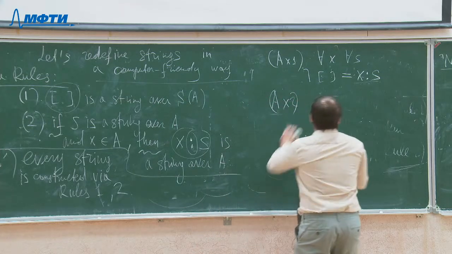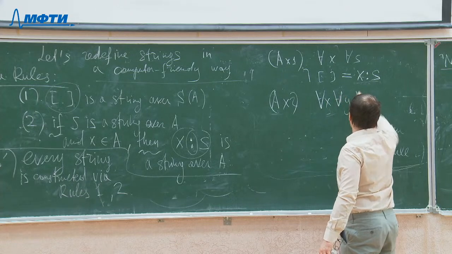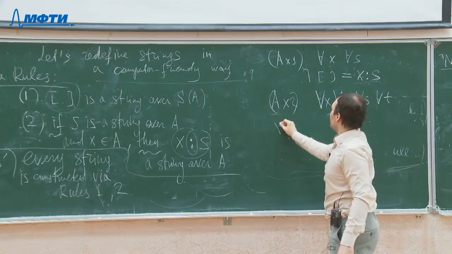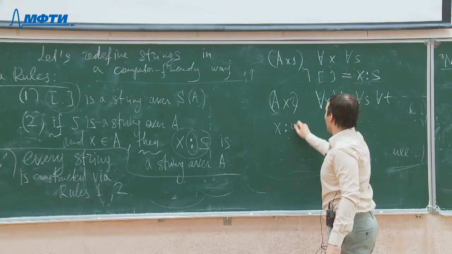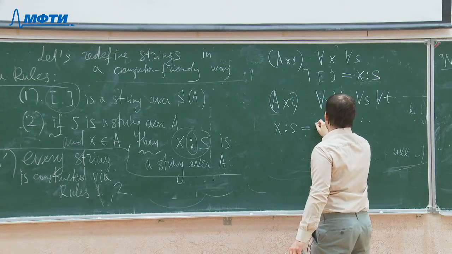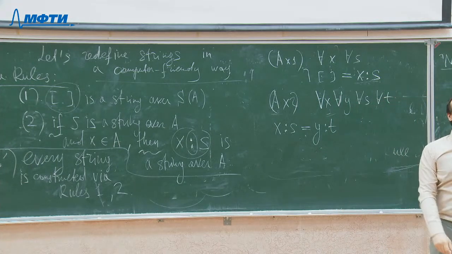And another axiom is as follows. For each x, for each y, for each s, for each t, what does it mean that x colon s equals y colon t? When is it possible?